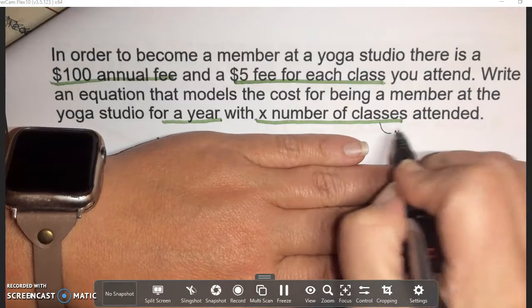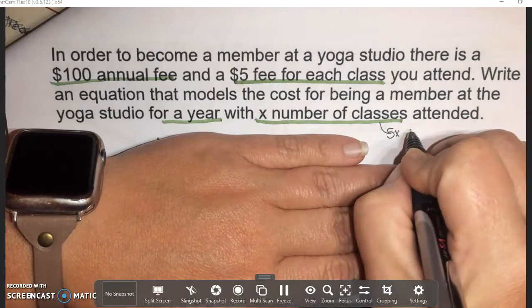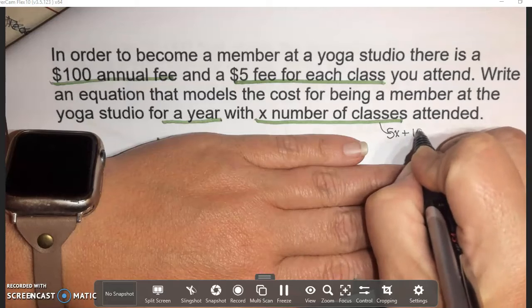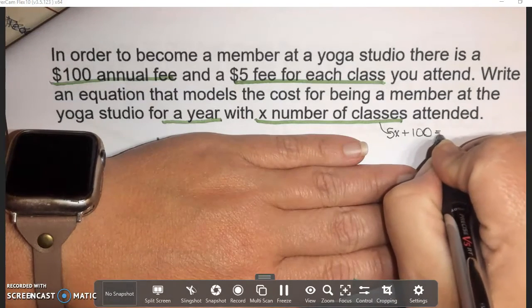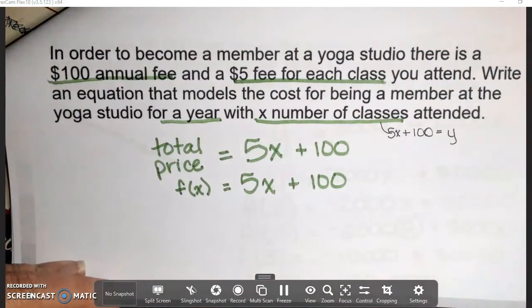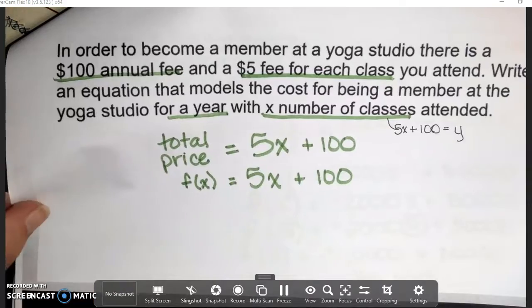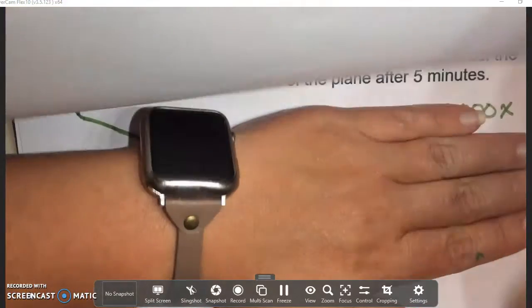What is the rate of the class? $5, right? What is our constant? What are you getting charged no matter how many classes you attend? The $100 annual fee. And when you solve it, it will be your cost for attending for the year. Notice I'm trying to cover up these answers because I've been through this once.